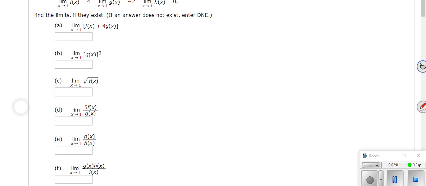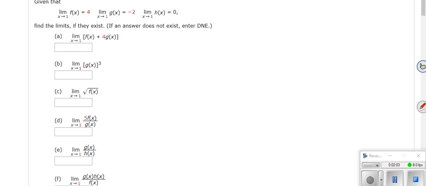Given that the limit of f of x equals 4 as x approaches 1, the limit of g of x is -2 as x approaches 1, and the limit of h of x is 0 as x approaches 1, we have to find all of these values using those limit laws. For this first one, we're going to use law 1 and law 3.